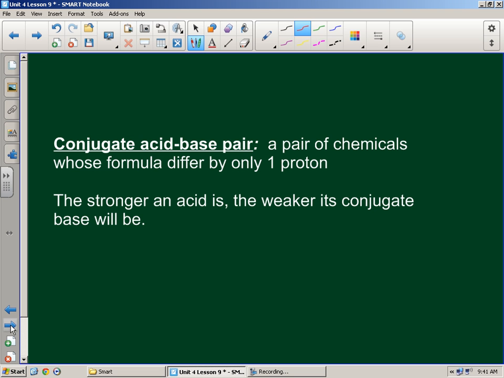A conjugate acid-base pair is a pair of chemicals whose formulas differ by only 1 proton. Okay. The stronger an acid is, the weaker its conjugate base is. So when you look in your data booklet, they are organized from strongest to weakest, right?